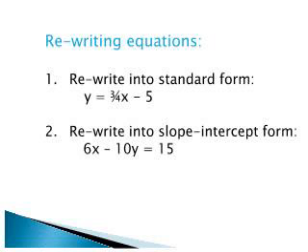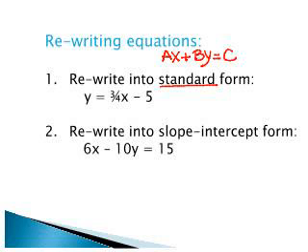So the first form is standard form that it asks us. So standard form of a line is ax plus by equals c, where a, b, and c are integers, and a has to be positive.